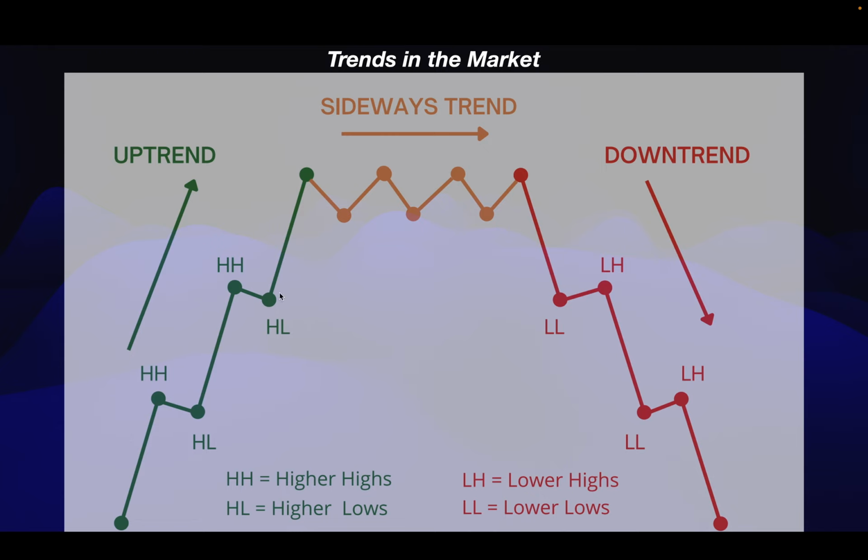If this low here is broken, that means we've changed trend and we're going to go lower. Same with this high right here. If we were to go lower right here, let's say, and we were to break this high right here, that means we're bullish, we're going to be going in an uptrend.